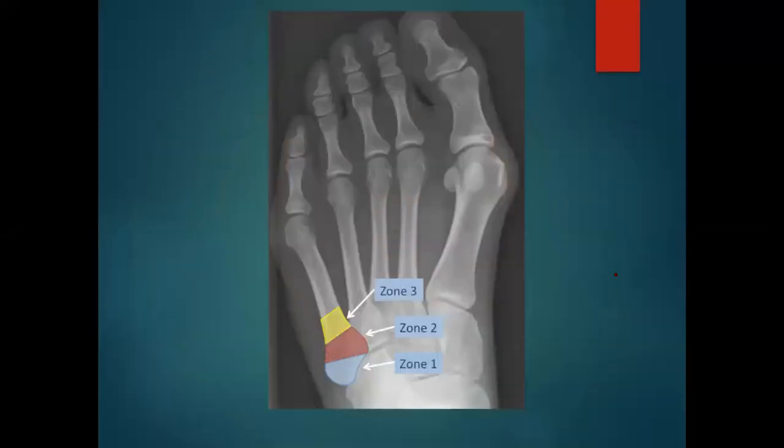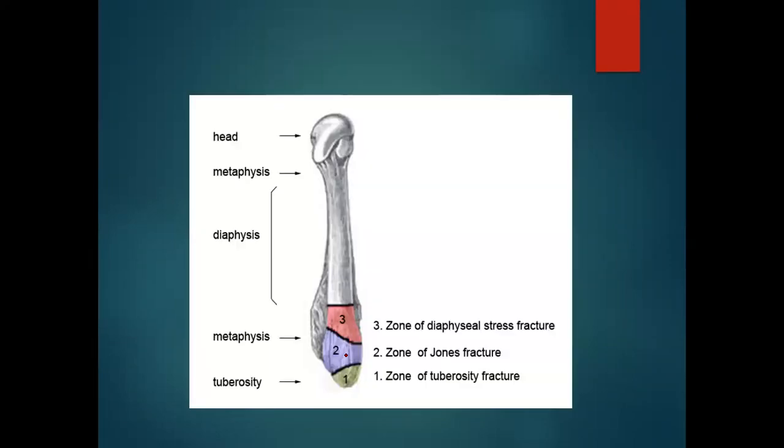So there's these zones here with the Jones fracture, and the zone 2 is a true Jones. That's likely to have avascular necrosis. Same with zone 3. A zone 1 fracture, you'd still get ortho on board, but less likely to have avascular necrosis. So zone of the tuberosity, zone of the Jones fracture, zone of the diaphyseal stress fracture.